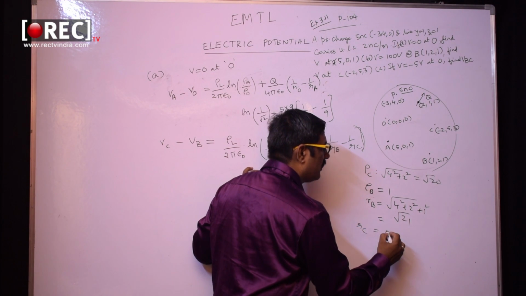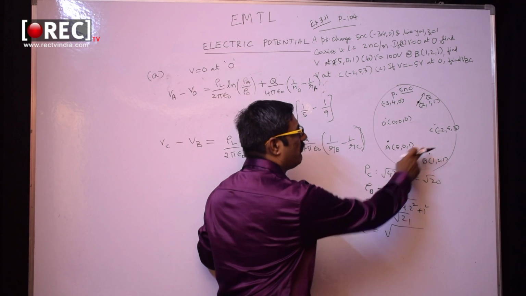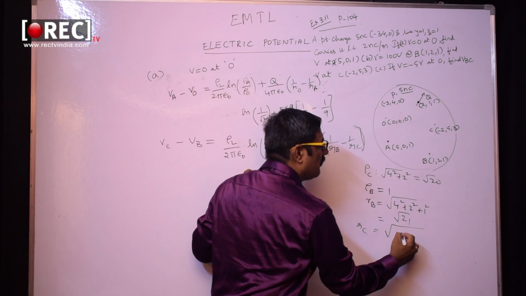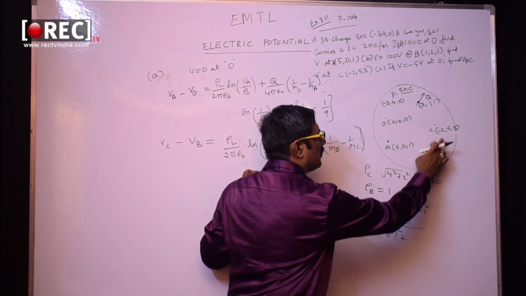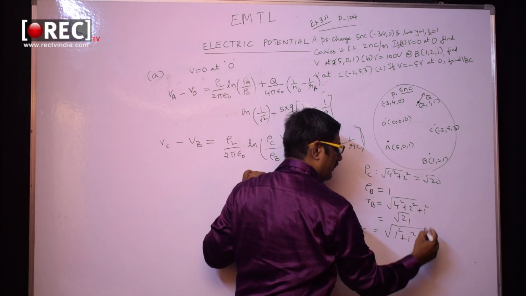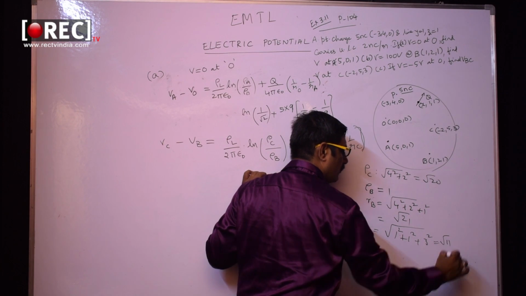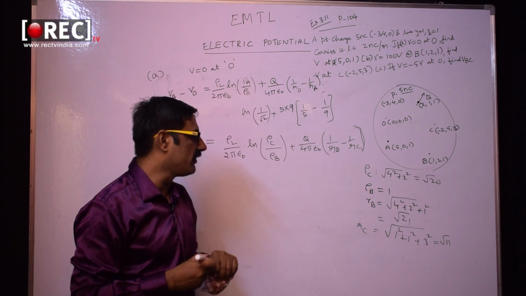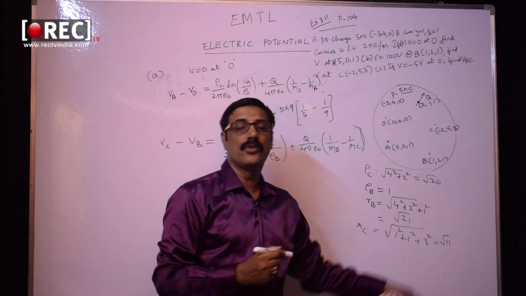Similarly, RC is the square root of (-2 minus -3), which is 1 squared, plus 5 minus 4, which is 1 squared, plus 3 minus 0, which is 3 squared. So it is root 11. RB is root 21 and RC is root 11.